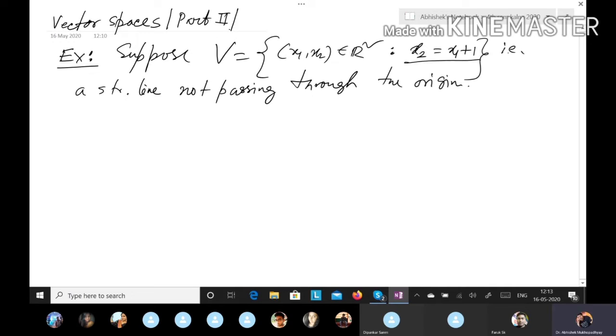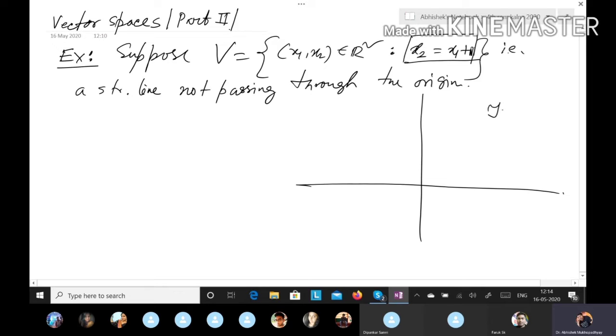What is the straight line? Can you draw this straight line in the plane? This looks like the straight line y equal to x plus 1.